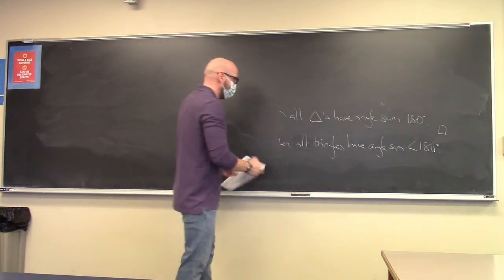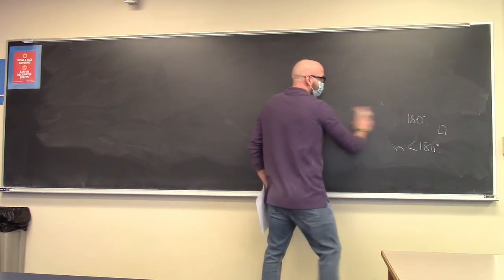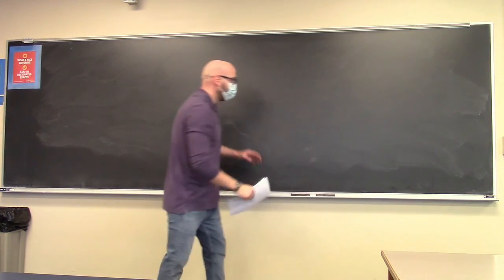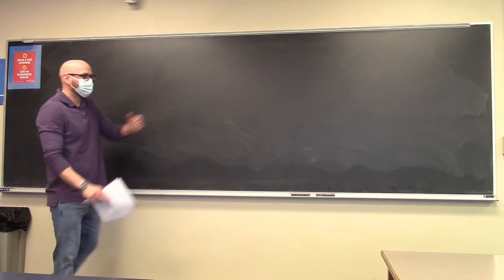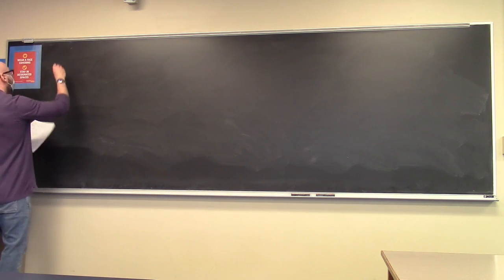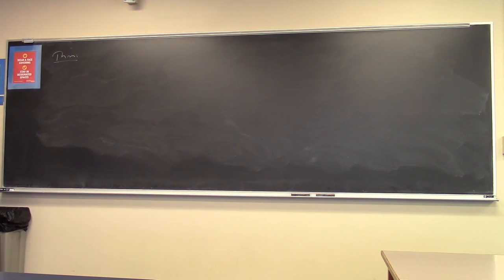Then you can prove that they must also all be 180. Which means that in the case where I'm saying they're all less than 180, they are allowed to be different. But let's come back to Playfair's postulate.